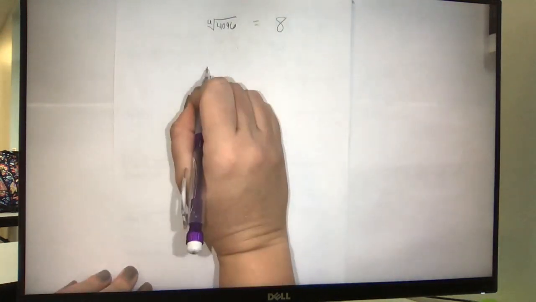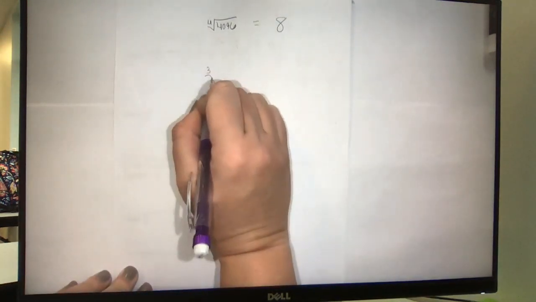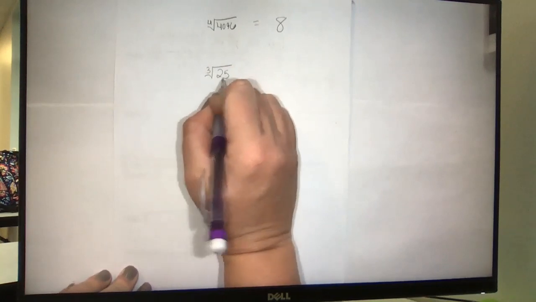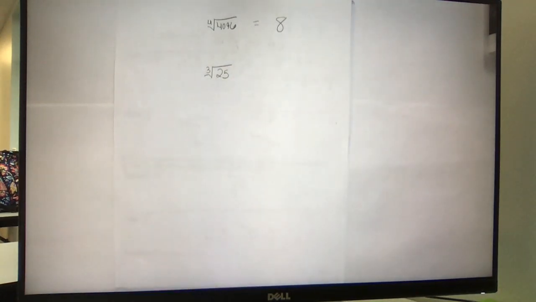What if I told you to take the cubed root of 25? If you go to take the cubed root of 25, do you get a whole number? You don't, you get a decimal. That's when you can't trust your calculator anymore. You have to put your calculator down, it's of no use, and factor tree and try to reduce it the best you can.